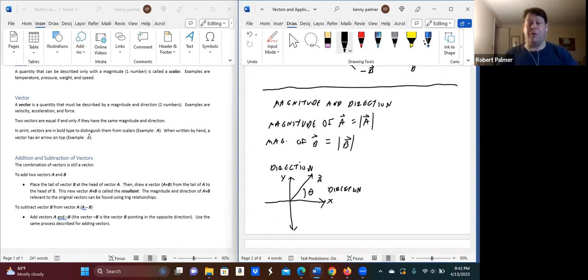That can be one way to give direction, so that's kind of an absolute direction. Or we can also have, if this is vector A and this is vector B, this theta right here would essentially be a relative direction, the relative direction between those vectors. And often that's what's really important to know: the relative direction between two vectors.